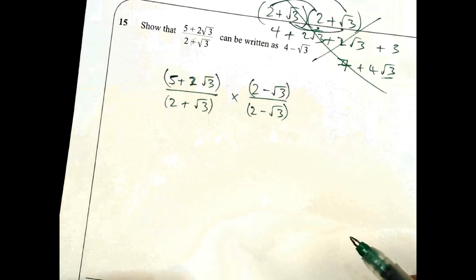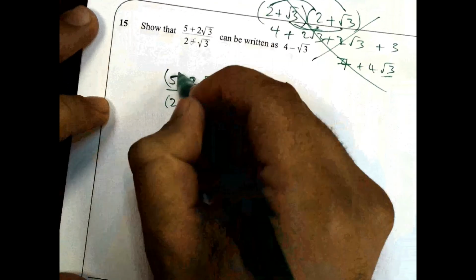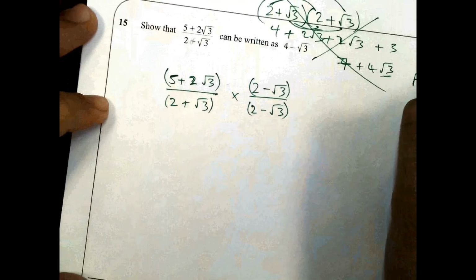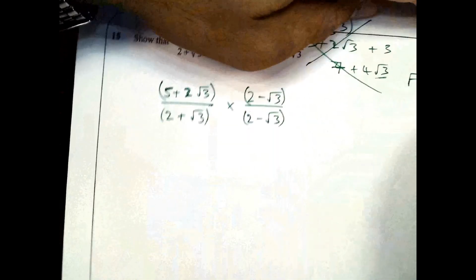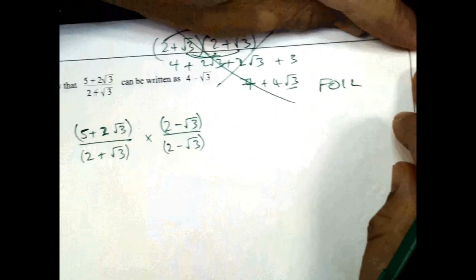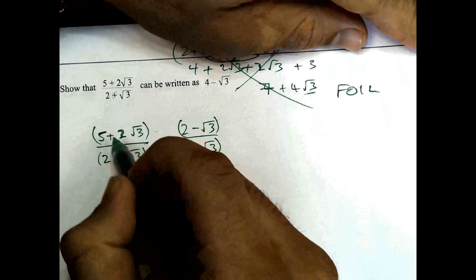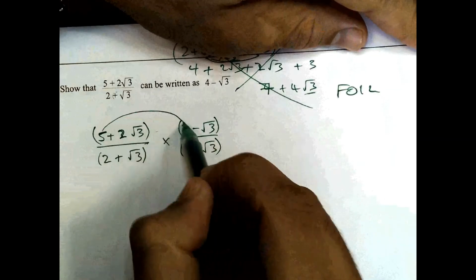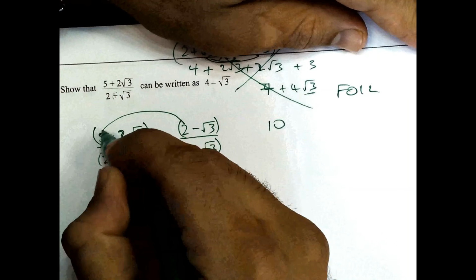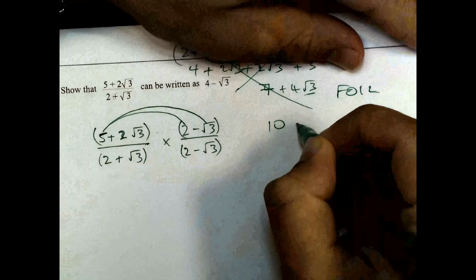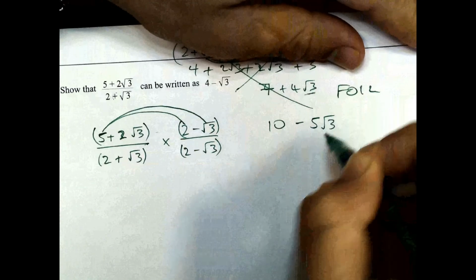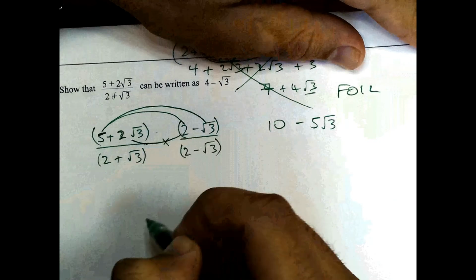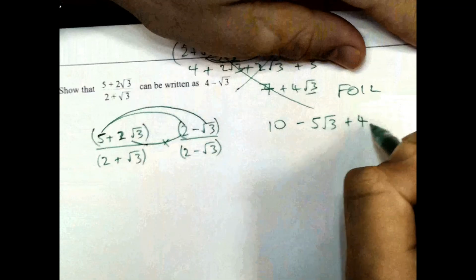Let's do it then. I'm going to do the top first, and I'm going to use FOIL. FOIL is one of those methods that really works every time with multiplying brackets. So 5 times 2 is 10. 5 times minus root 3 is minus 5 root 3. 2 root 3 times 2 is plus 4 root 3.